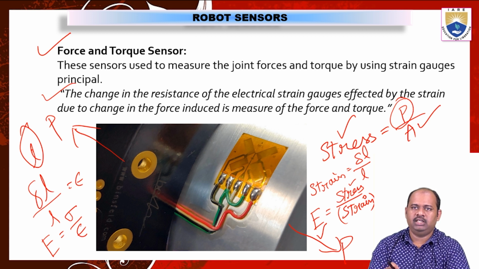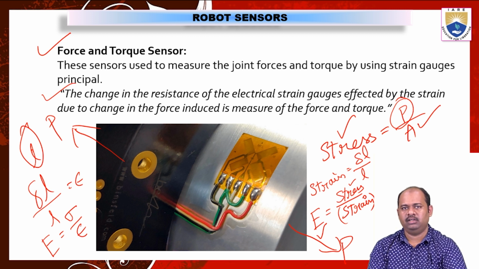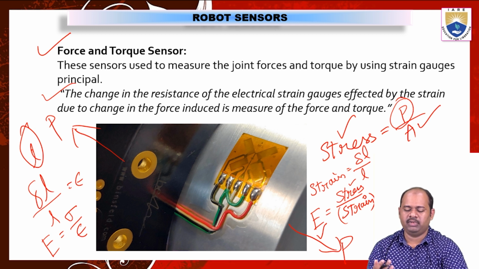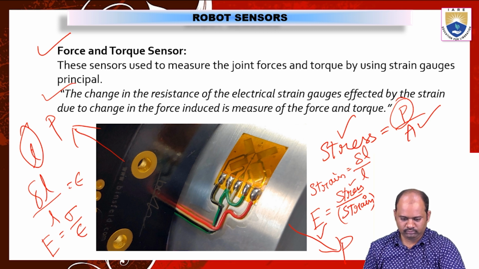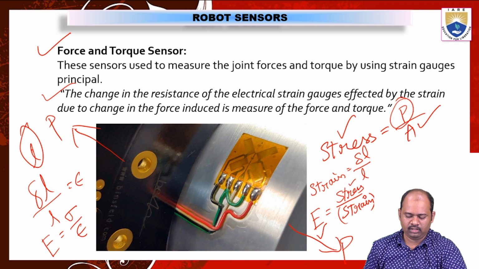When there is a change in the shape of the body, the strain gauge also will expand. With the expansion of the strain gauge, the resistance will increase. With the increased resistance, we can measure with the help of a formula how much the body has elongated. So this is how a force or torque sensor will work.